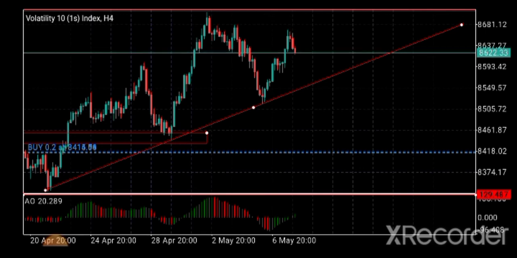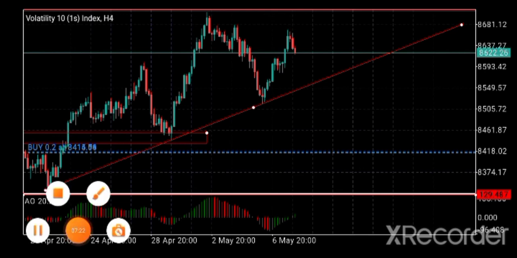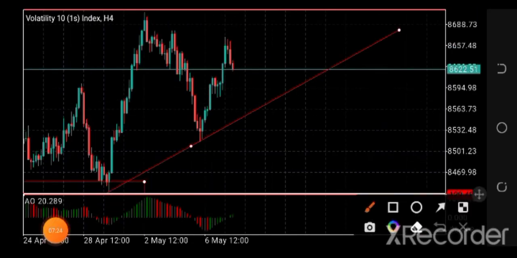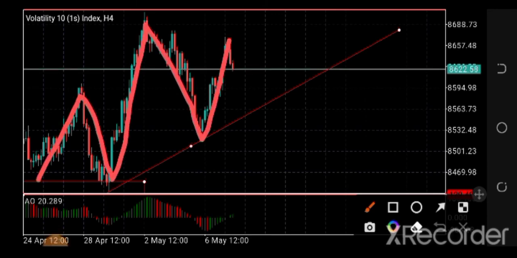So what if you want to detect a change in direction? The first thing to consider is the momentum. Look at what's happening here. Immediately you start seeing something like this, it means the market is about to shift.